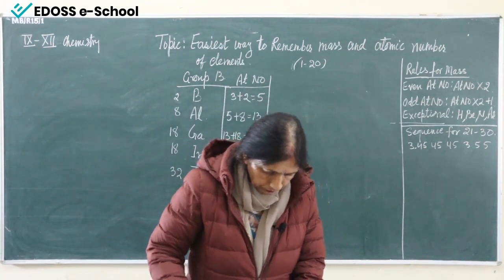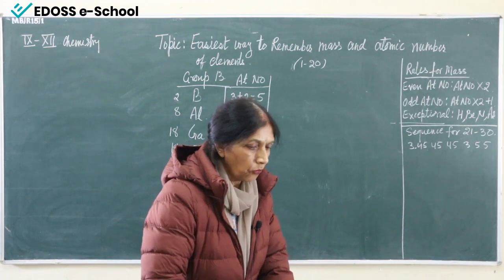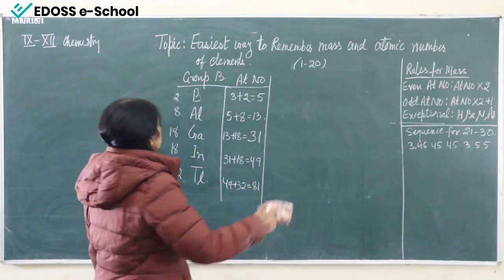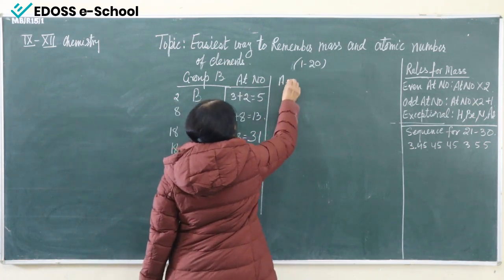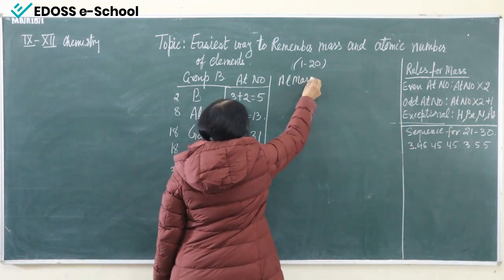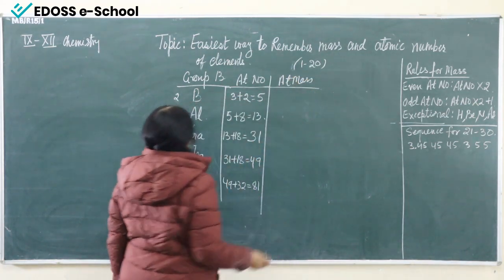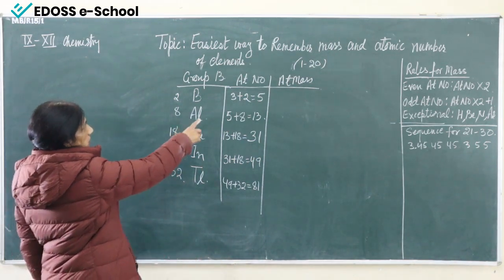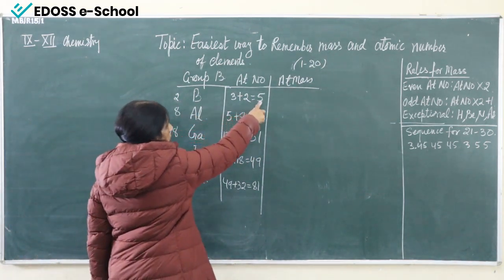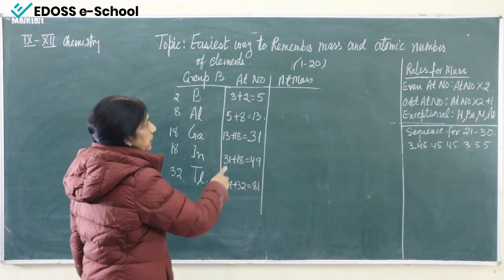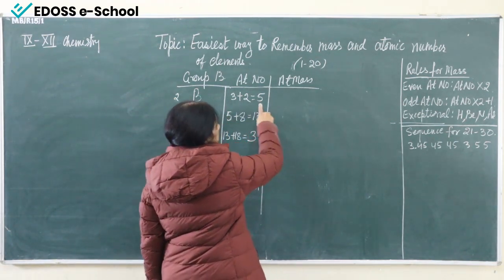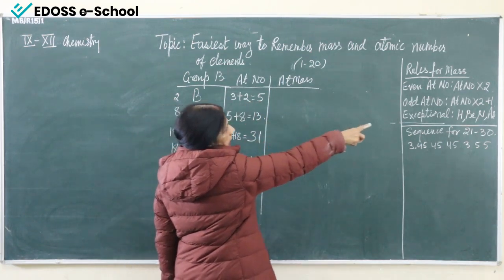Now coming to group 14 elements. Now see atomic mass also, the mass is found the same way. How can we find mass? Now see here, this is odd, this is also odd. So the atomic mass of boron, we have to multiply it by 2 and add 1.